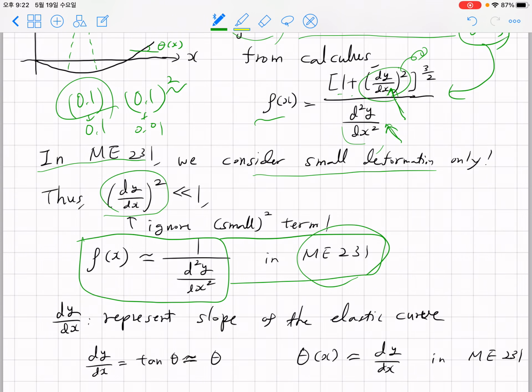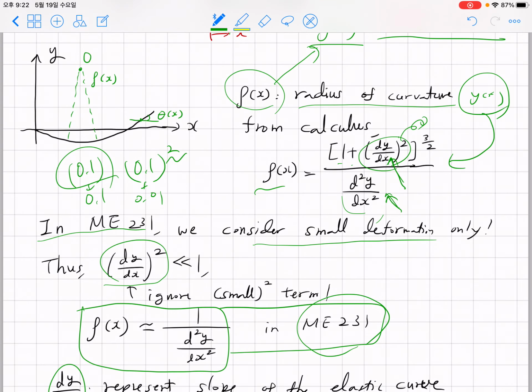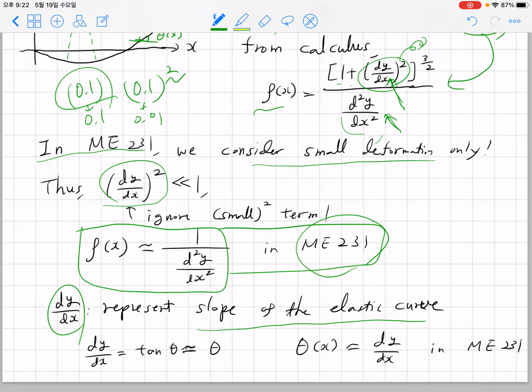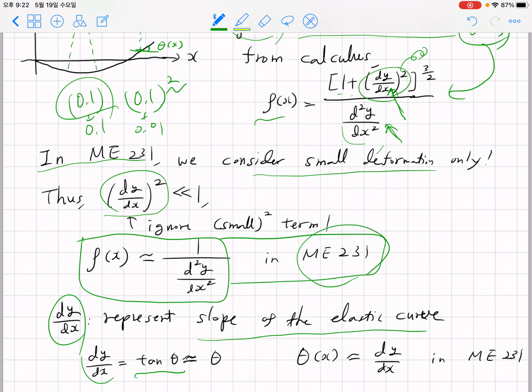And then dy/dx represents the slope of the elastic curve. If you take any x location and consider some angle theta(x), you can realize that tangent theta is the same as dy/dx. However, as I told you, we're going to consider very small dy/dx, and in that range tangent theta can be approximated as theta.